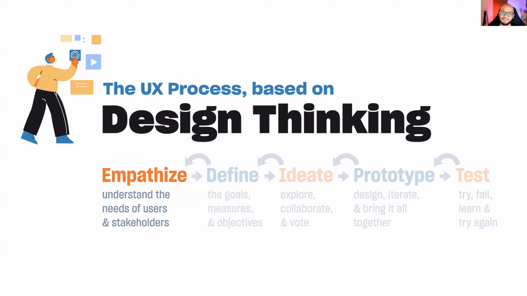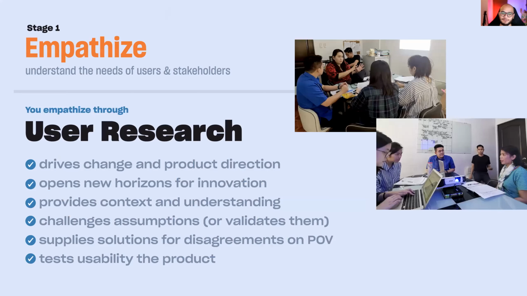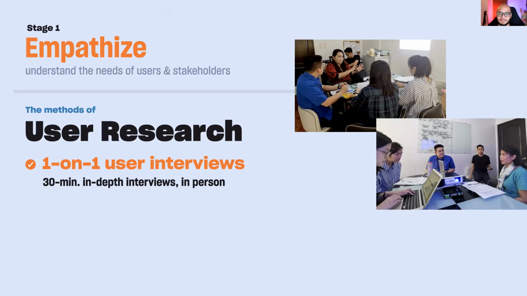Start with empathy. Then you go to definition, ideation, prototyping, and testing super quickly. You do user research, as mentioned. You talk to people. The best way to do that is a 30-minute in-depth interview about what their current situation is.